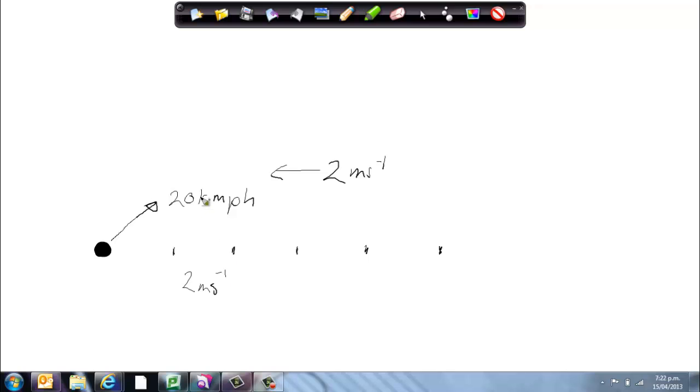Let's change that to meters per second as well to make it a little bit easier for ourselves. So when it gets to Mach 1, it will be 18, meter 2, 16, 14, 12, 10, 8, 6, 4, 2, 0.